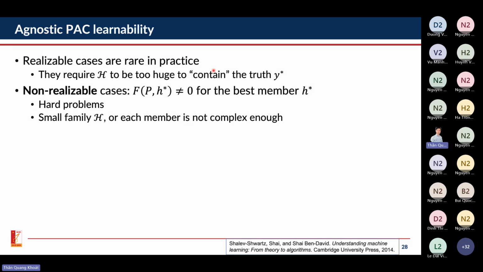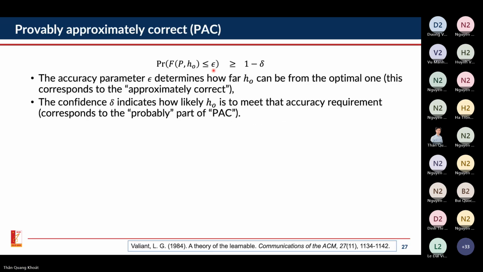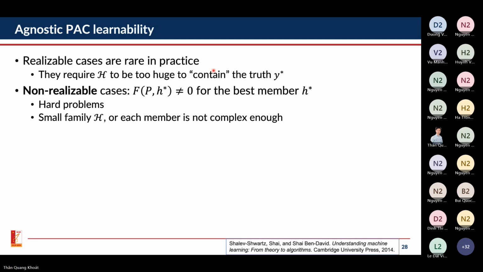And of course, in practice, this realizable assumption can be very strong, right? In practice, we can choose some simple model, a simple architecture, and in that case this assumption can be wrong. So that's why we should relax the definition of learnability to work with this more general case.